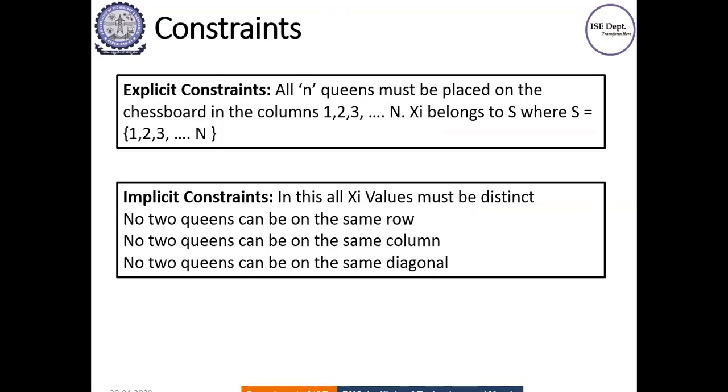Explicit constraints are nothing but rules that restrict each xi, where xi is the object we are talking about, to take values only from a given set. Am I clear? So the explicit constraint is a rule which restricts xi to take only values from the given set. That is the explicit constraint. So what is the implicit constraint?